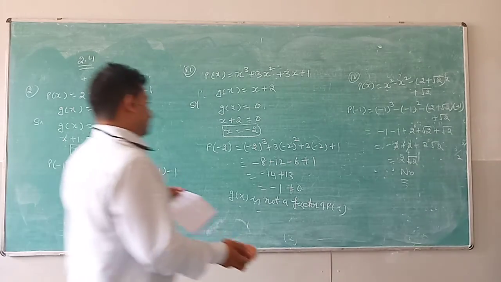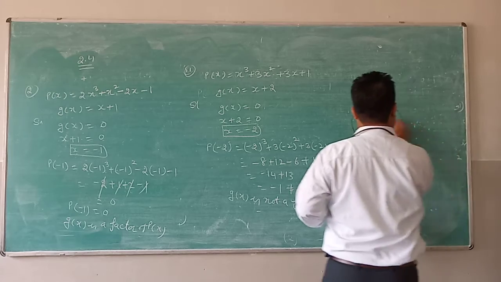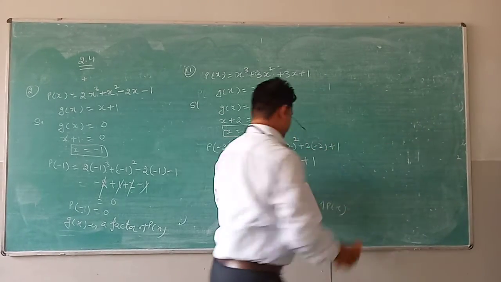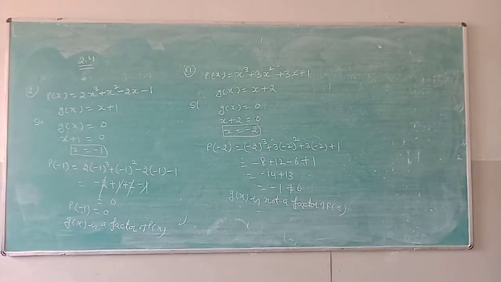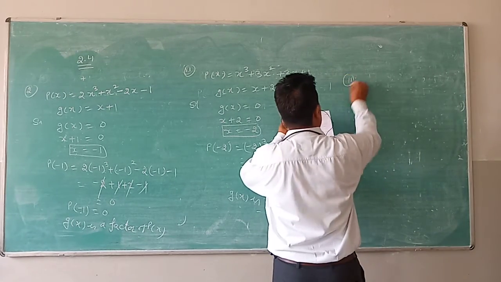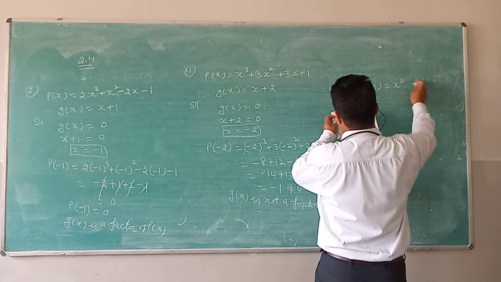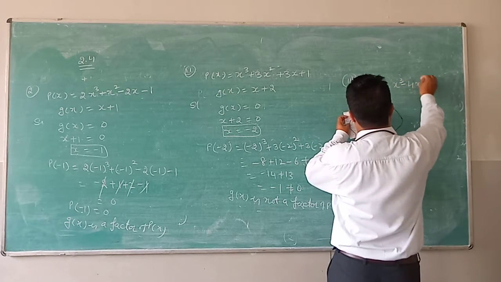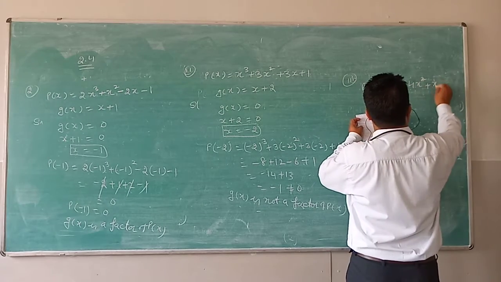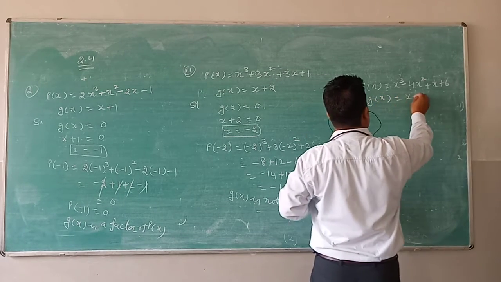In the third part, the statement is p(x) equals to x cube minus 4x square plus x plus 6 and g(x) is x minus 3.